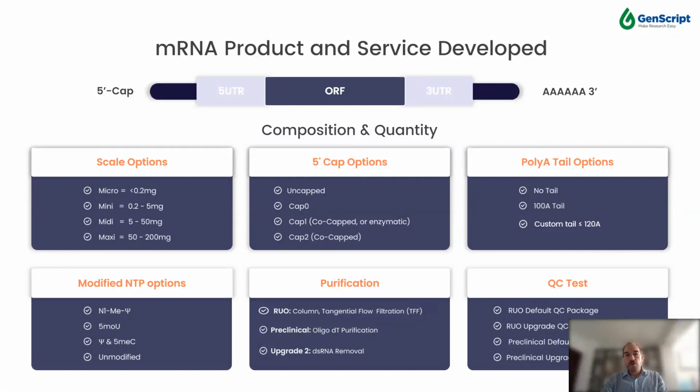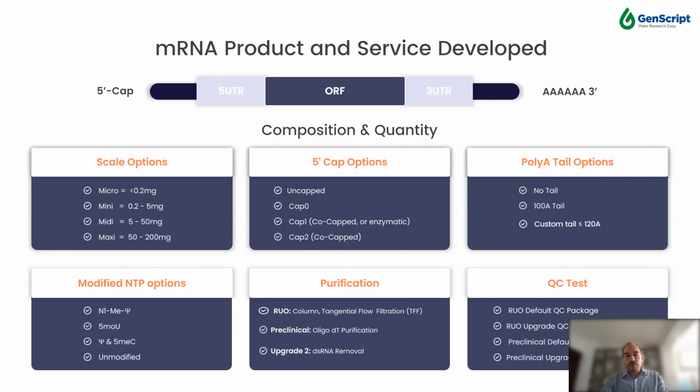These are some options we offer in our mRNA production service. We offer different scale. We offer different capping capabilities. We have poly-A tail options, no tail, certain length tail, or 100A tail, or something that is different length of tail. We usually recommend it to be over 80 A's in the tail for stability.